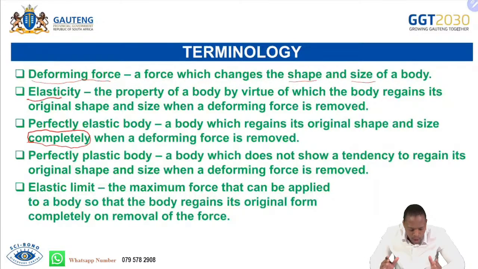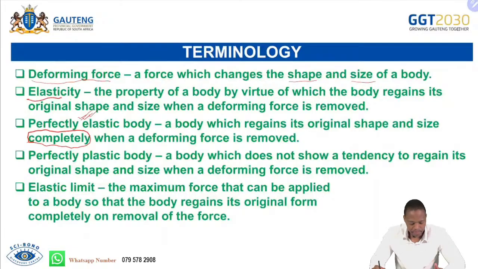Only the one that regains it completely is considered to be perfectly elastic. Some bodies are just elastic, not perfectly elastic. When you are elastic, you regain your original shape and size when the deforming force is removed. However, if you regain it completely, that means you are a body that is what?